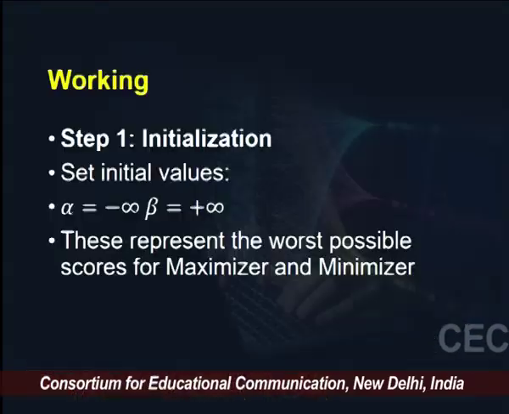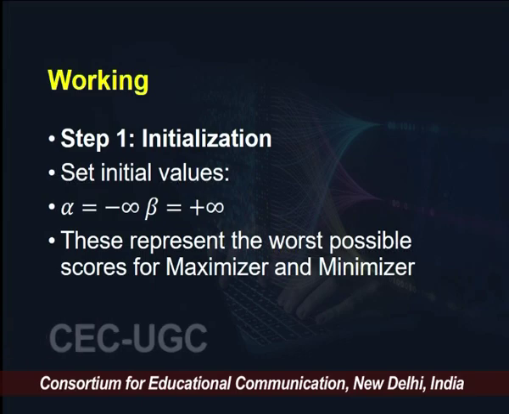Now, we need to maintain the value of the node, which is in the form of the utility score residing at the leaf nodes. We also need to maintain the alpha value and the beta value. How are we going to work with these alpha and beta values? The first step is initialization, where we set alpha equal to minus infinity and beta equal to plus infinity.